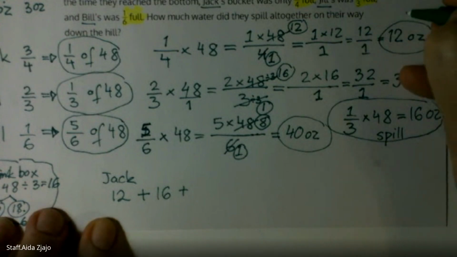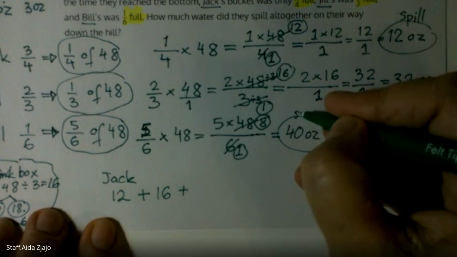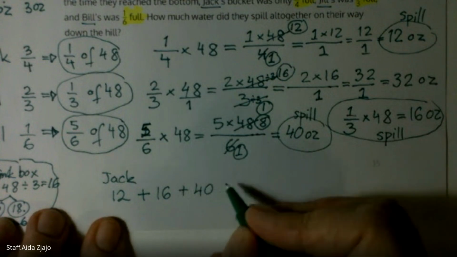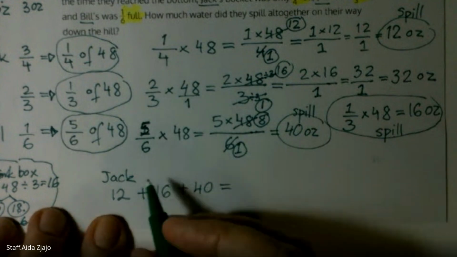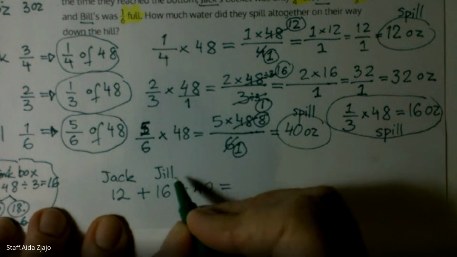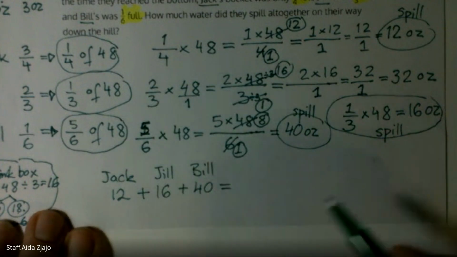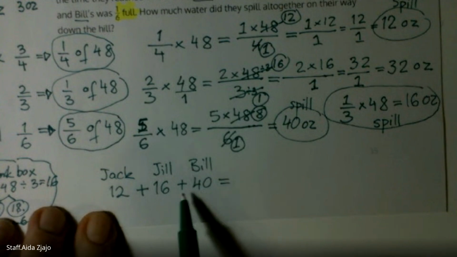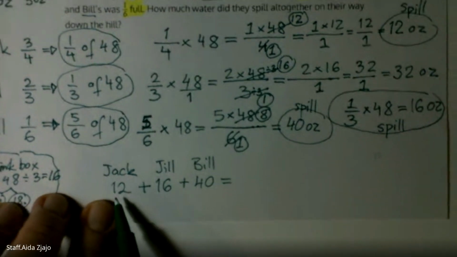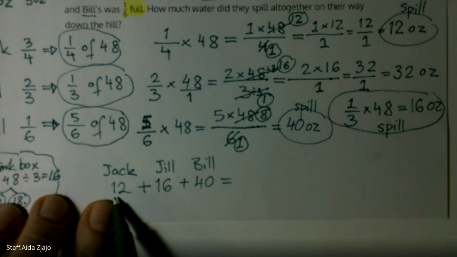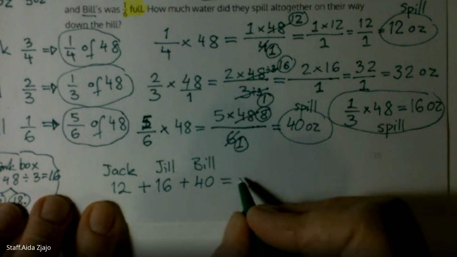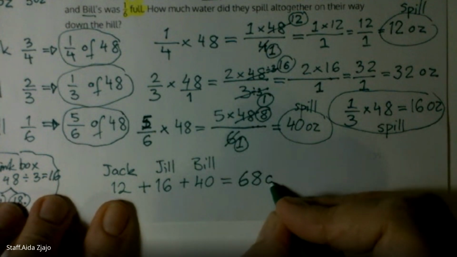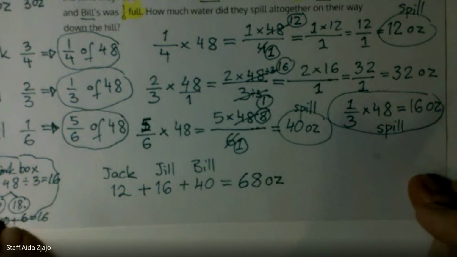So this is spill, this is spill, and this is spill. So 12 plus 16 plus 40 all together. And this is Jack, this is Jill, and this is Bill. Okay, so when we think about adding tens strategy, 4 tens plus 10 is 5 tens, plus 10 more is 6 tens. And then we have 2 ones and 6 ones, 8 ones. So they spill altogether 68 ounces.